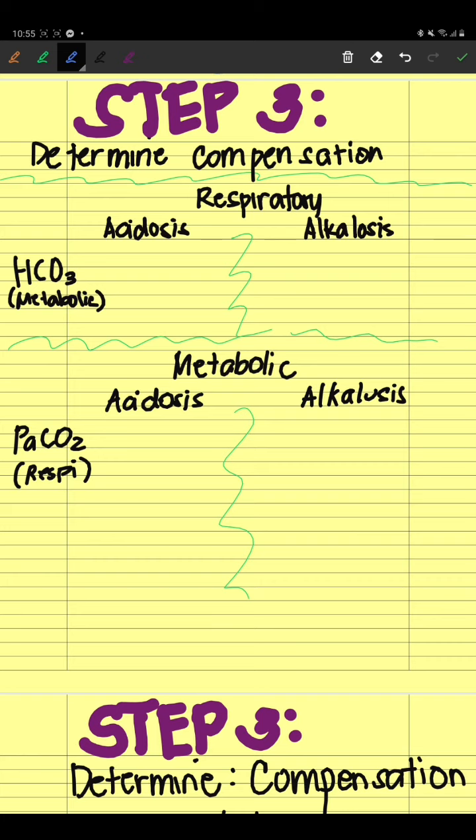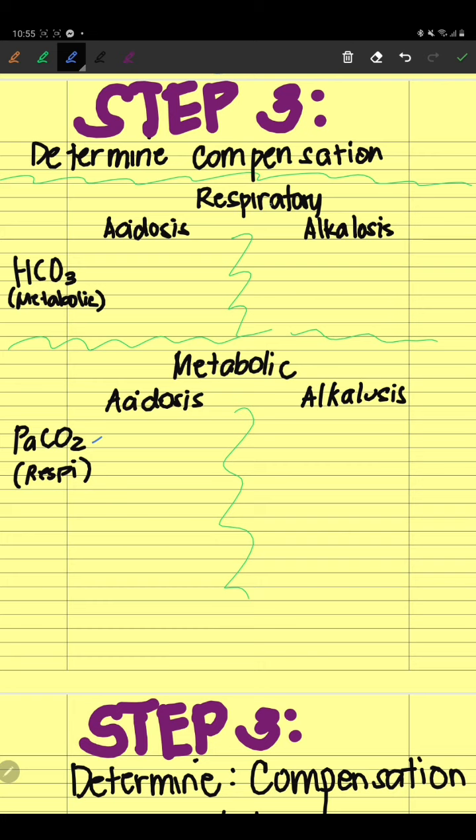It's like you're trying to change an aspect para mag-normalize or ma-equalize natin yung situation. So that is what you meant by compensation. So take note, in your respiratory acidosis or in your respiratory alkalosis, kung ang problema natin is respiratory, ibig sabihin problem with the carbon dioxide.